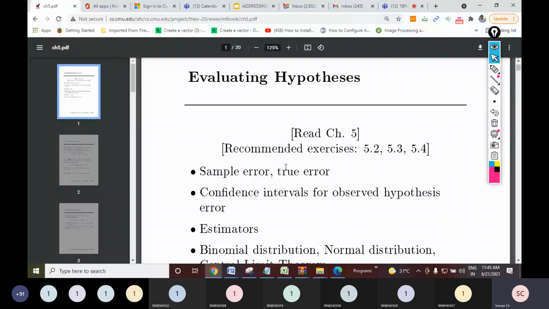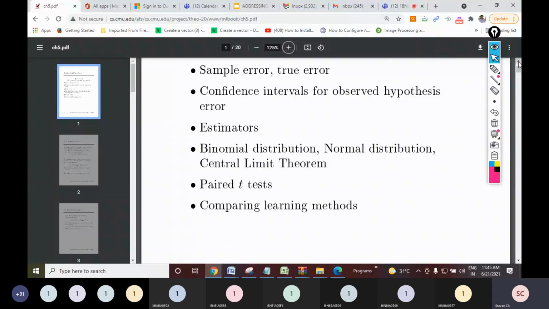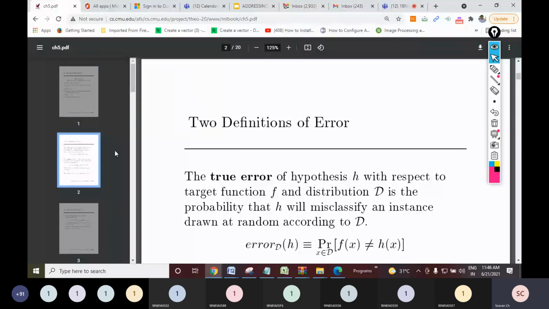Now friends, there are two important terms which we need to understand in this process. One is called sample error and another is called true error. Please try to understand this. What is a sample error and what is a true error?